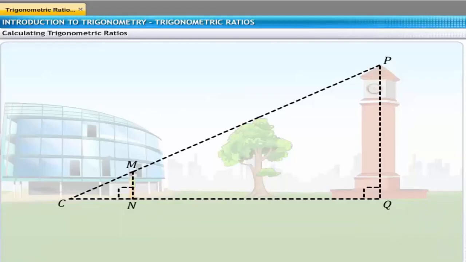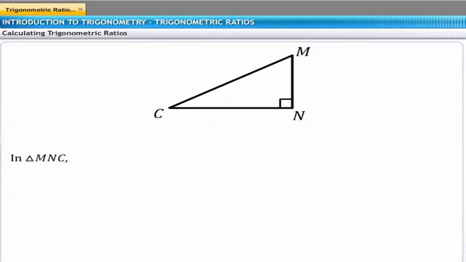We'll apply this understanding to help Jack find the height of the clock tower. In triangle MNC, side MN, which represents Jack's height, is equal to 6 feet and side NC is 8 feet.